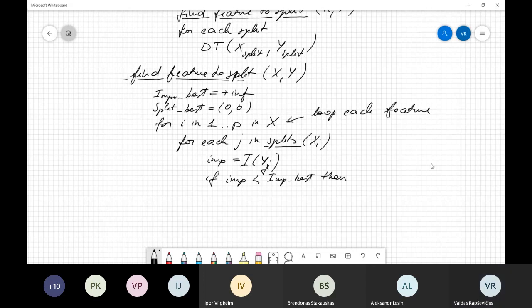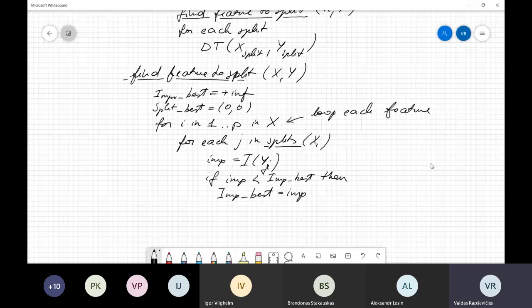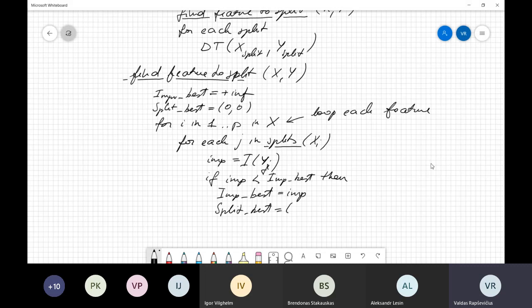So then, if this split is actually better than we had before, we change it, so impurity best equals impurity. So we take this actual split as being the best one, and split best equals to i, feature and j split. So we take these two guys.